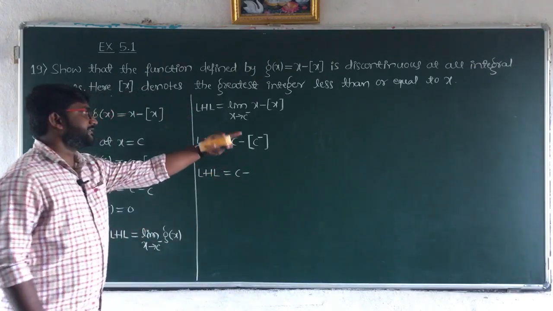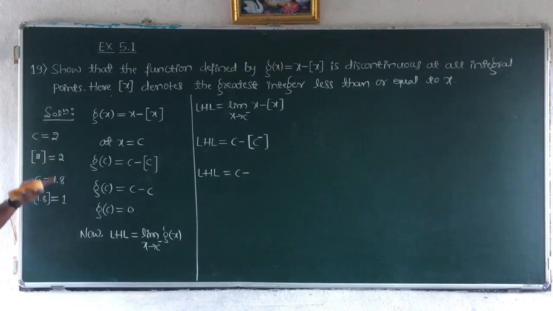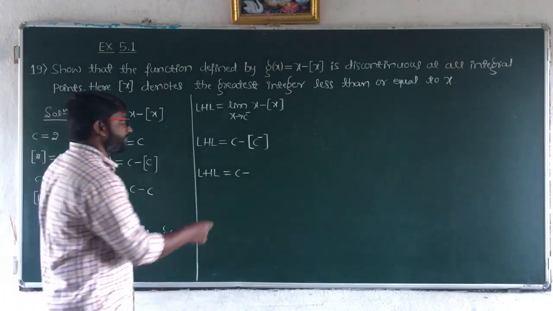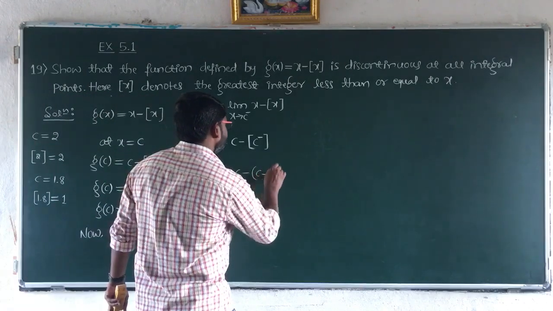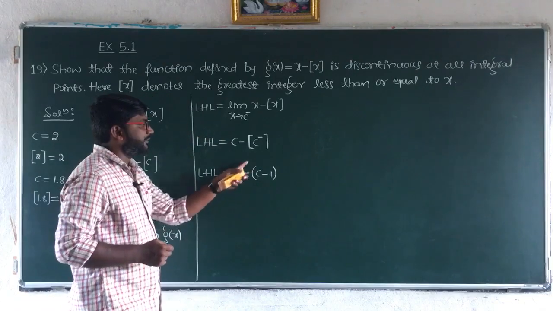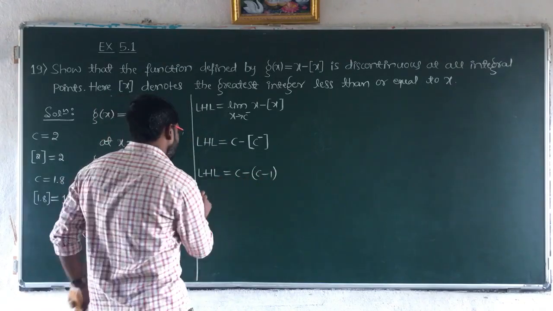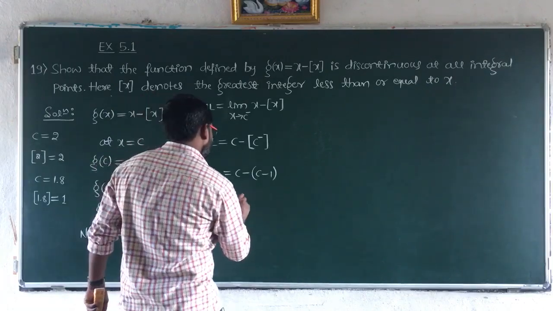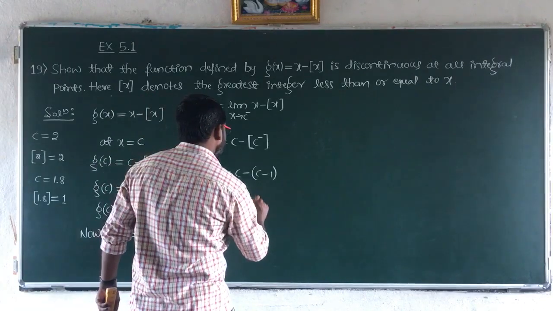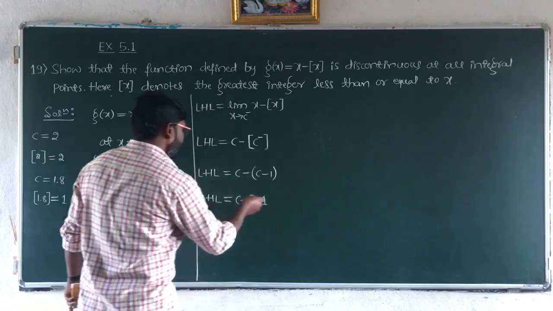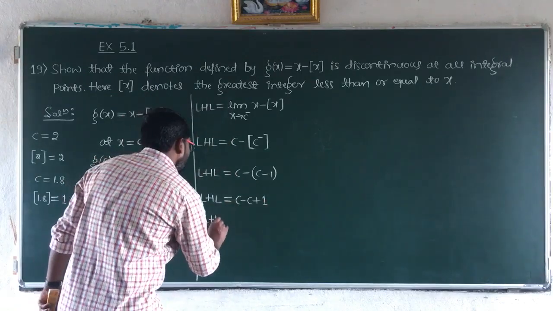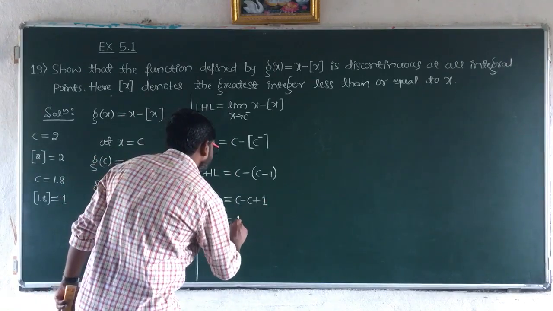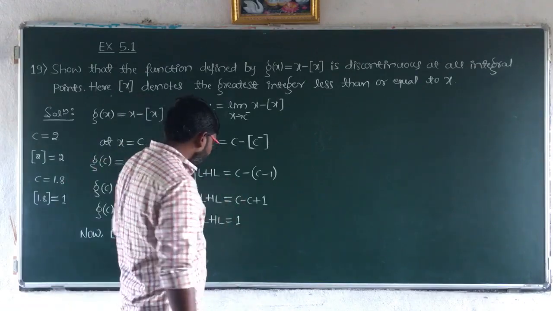So, greatest integer c minus, see here from this logic, we have to write c minus 1. Since there is a minus sign, I have considered bracket. So, LHL which is equals to c minus into c minus 1. So, plus c minus c get cancelled. LHL which is equals to 1. So, this is all about the left hand limit.